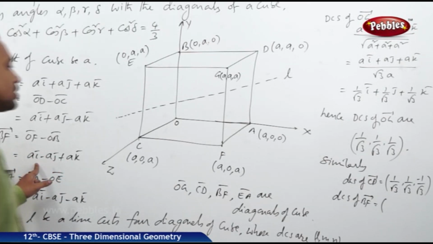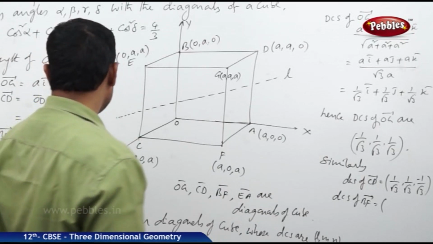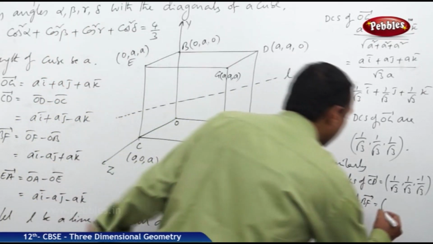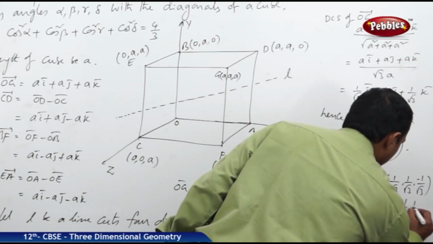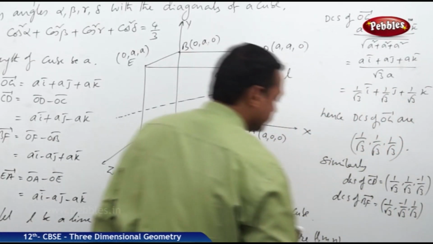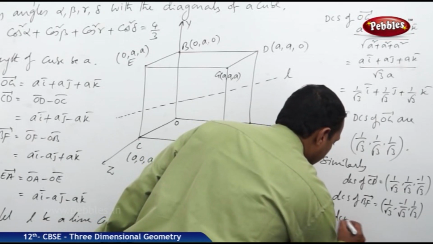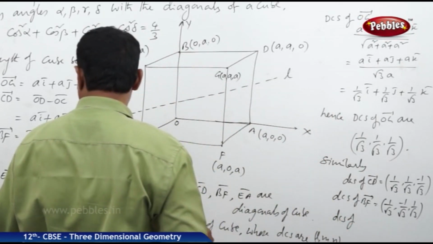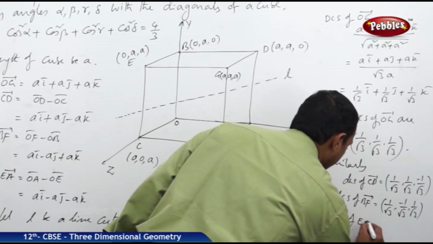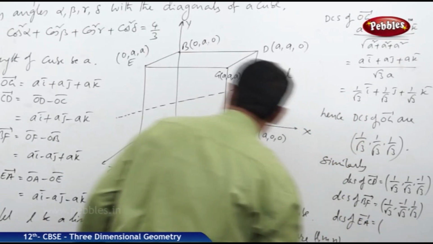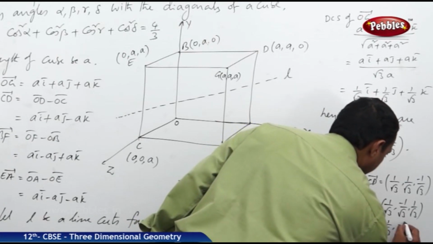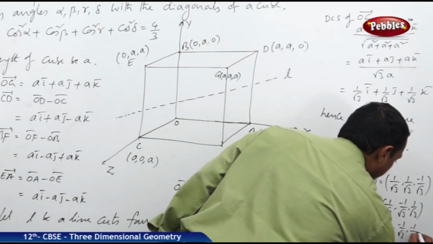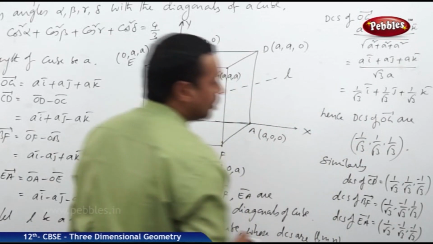On simplification, the direction cosines for this vector are 1 by root 3, minus 1 by root 3, 1 by root 3. And in the same way, the DCs of the fourth diagonal EA are 1 by root 3, minus 1 by root 3, minus 1 by root 3.